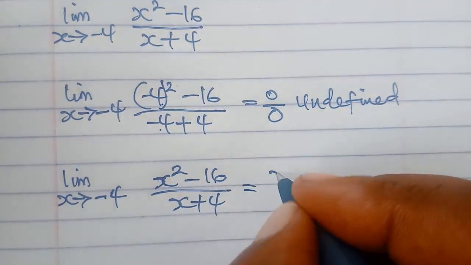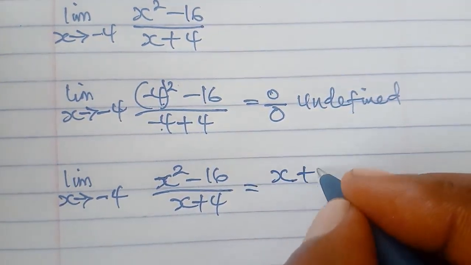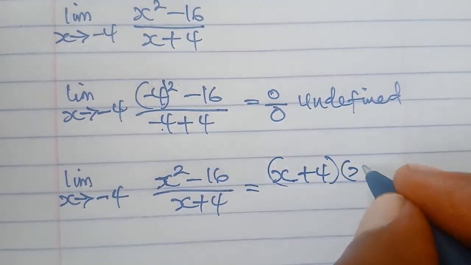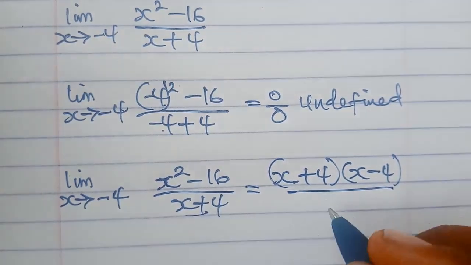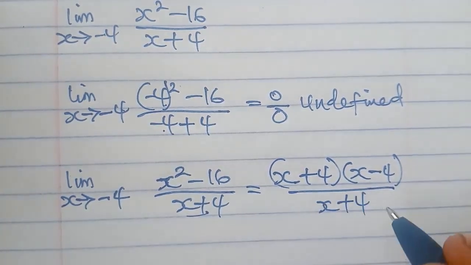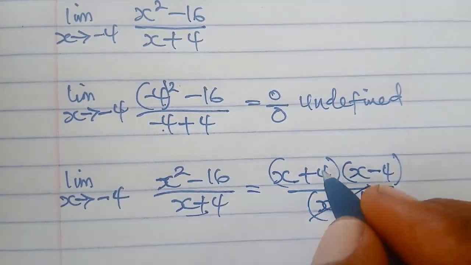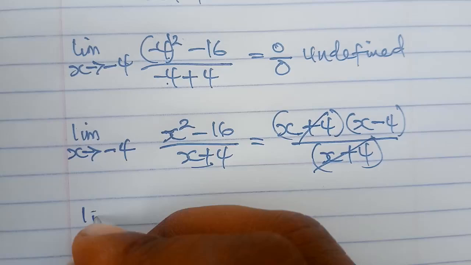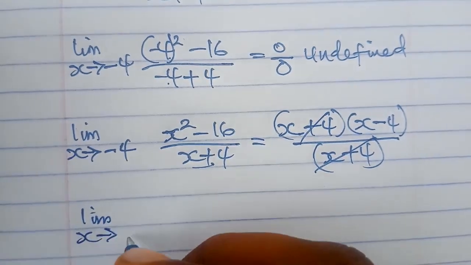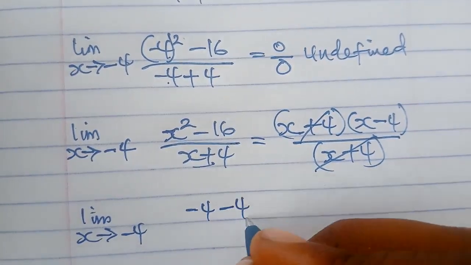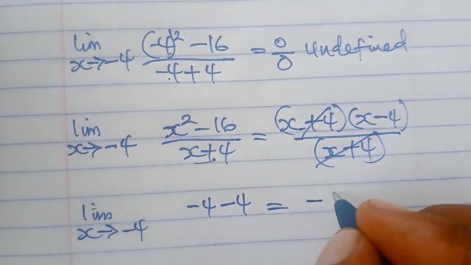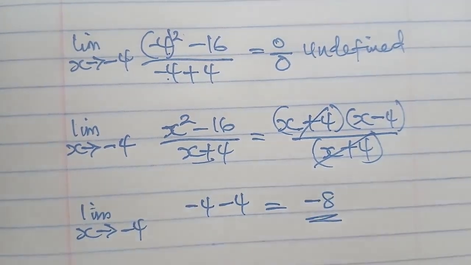They will be (x plus 4) and (x minus 4), all over the one down, which is (x plus 4). If you check, you will notice that it can cancel this. So we'll say the limit as x tends to negative 4, we can say negative 4 minus 4, which will give us minus 8 as the answer.